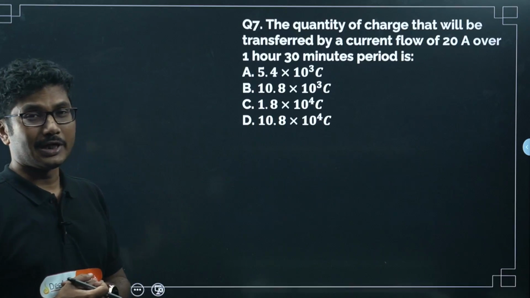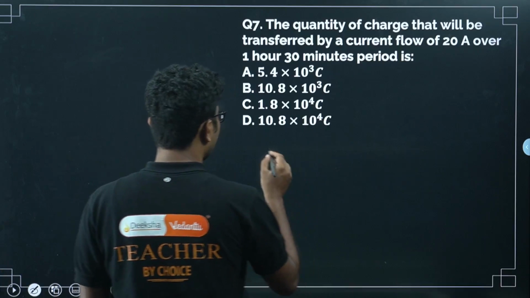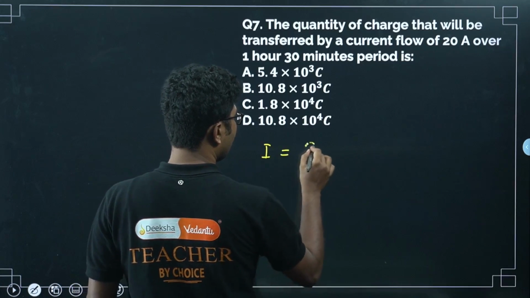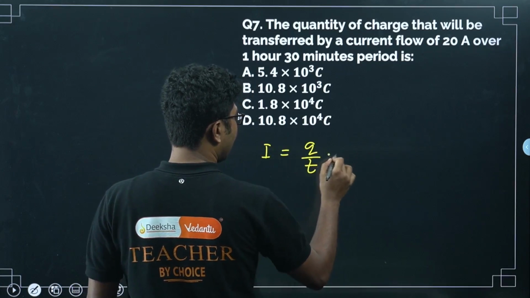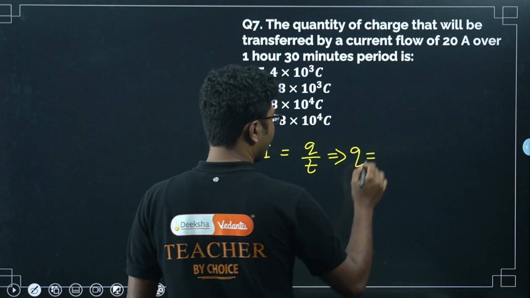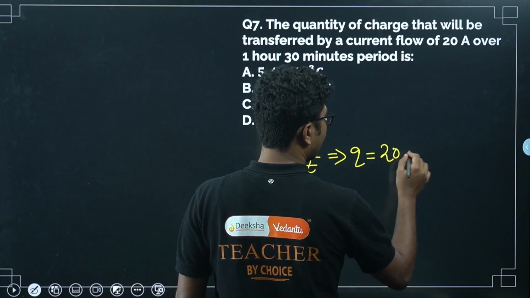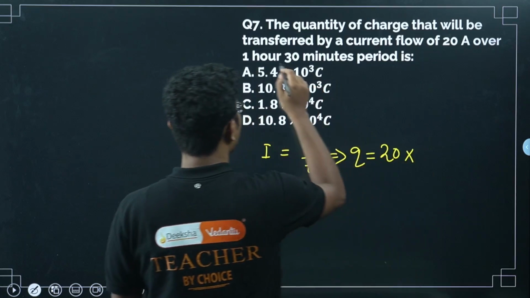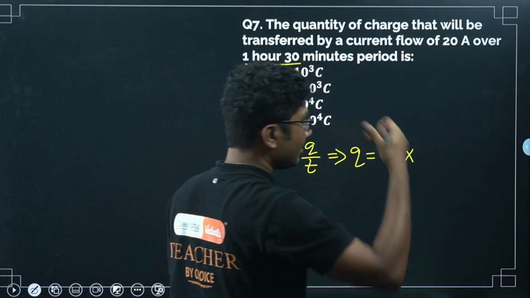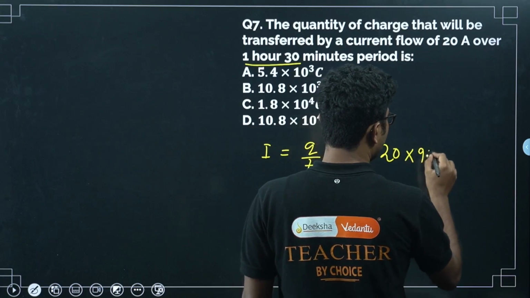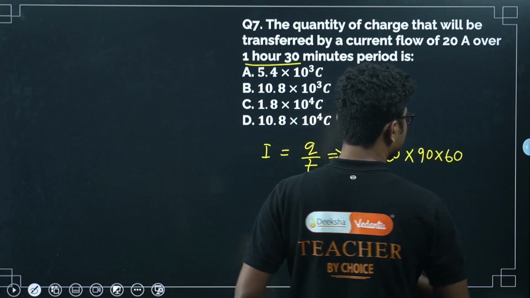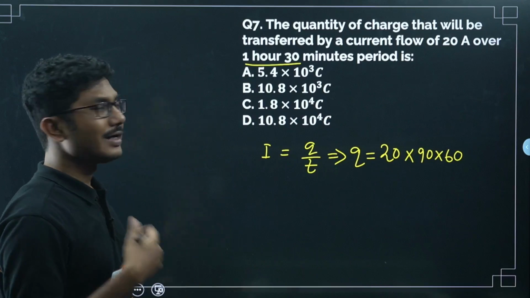Now next question: the quantity of charge that will be transferred by a current flow of 20 ampere over a 1 hour 30 minute period. Very straightforward question. Okay, I is equal to Q by T. They have asked you to find Q for I 20 ampere and time is 1 hour 30 minutes. 1 hour 30 minutes means 90 minutes, and 90 minutes means 90 times 60 seconds. Okay, you have to convert it into the units.